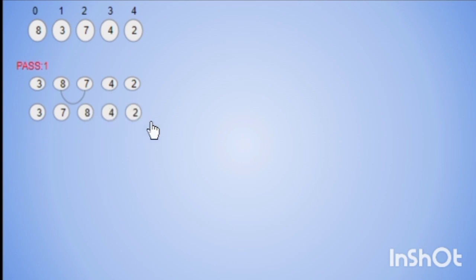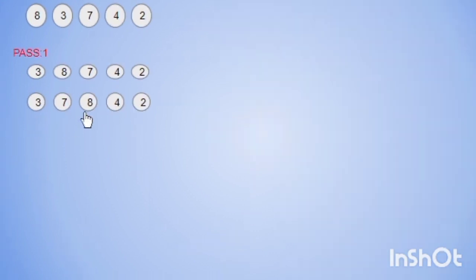Now we already checked these two elements. Now check 8 and 4. Is the right side element smaller than the left side element? Yes, 4 is smaller than 8. So swap them. 4 will come here and 8 will come here. The remaining elements will be the same.